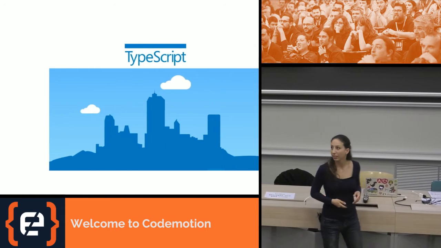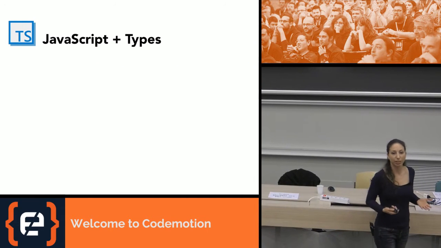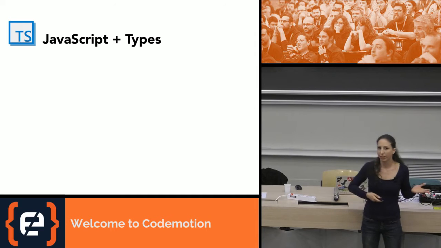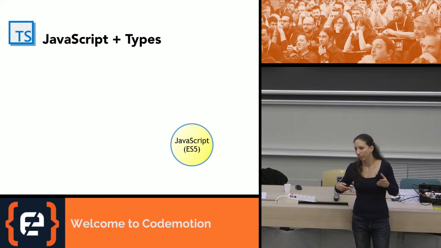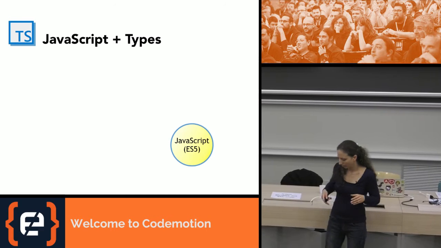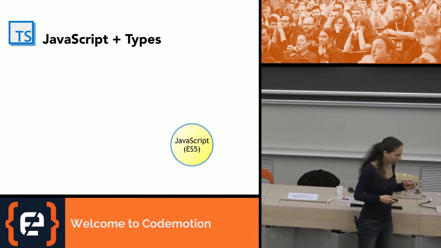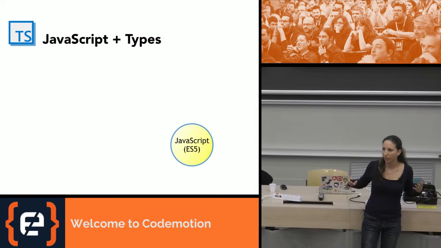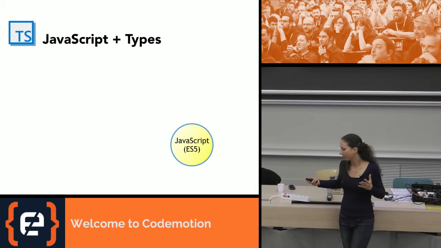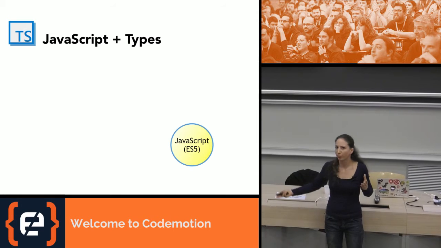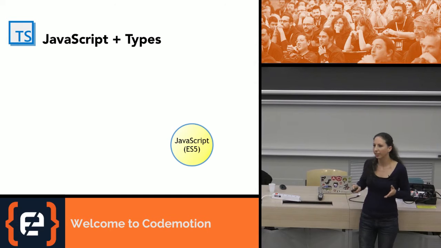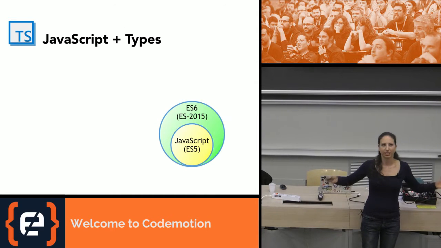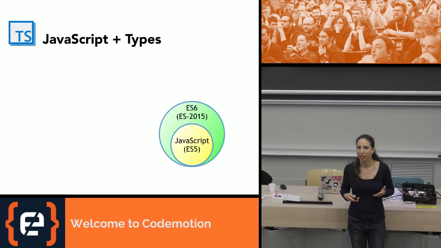TypeScript is developed by Microsoft. And generally it means just JavaScript with types. So we have the regular JavaScript, the regular old language that we've all been using for 10 years or so, and it didn't develop much until there was a new standard, which is a superset of ES5.